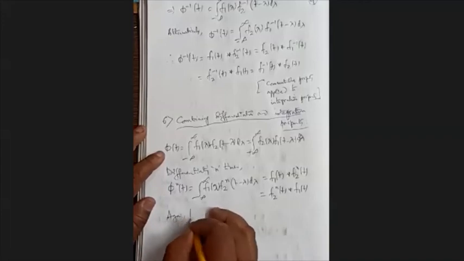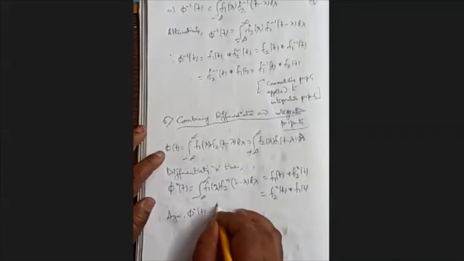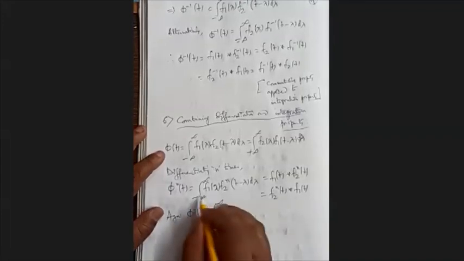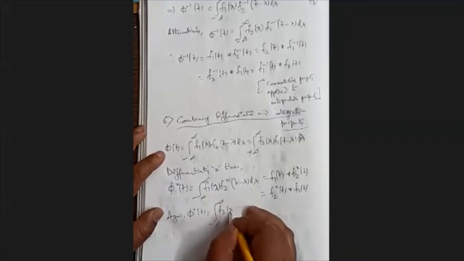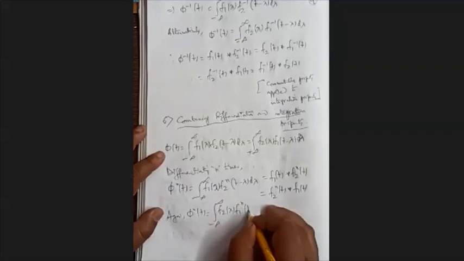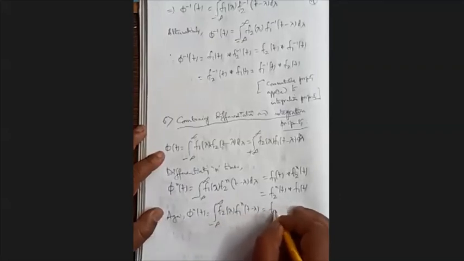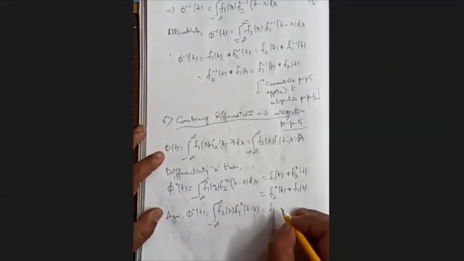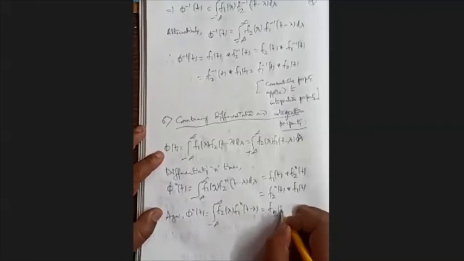Again, phi n of t can be written with f2 as the first function: f2 lambda f1 n t minus lambda d lambda, or f2 t star f1 n t, or by the commutative property f1 n t star f2 t.